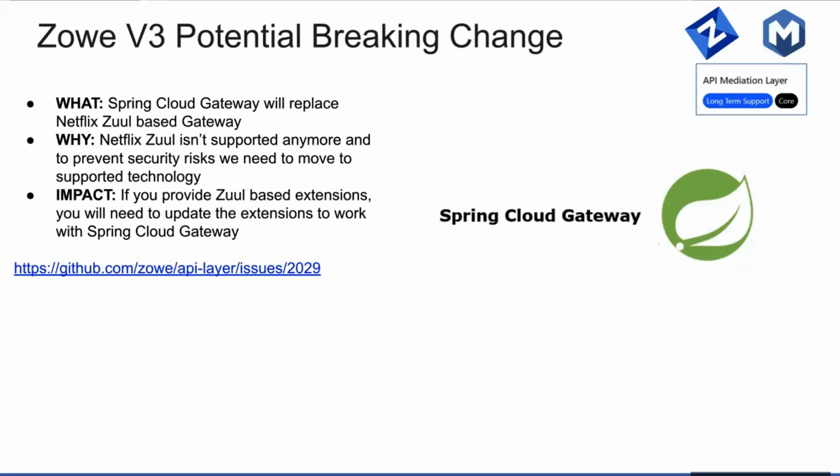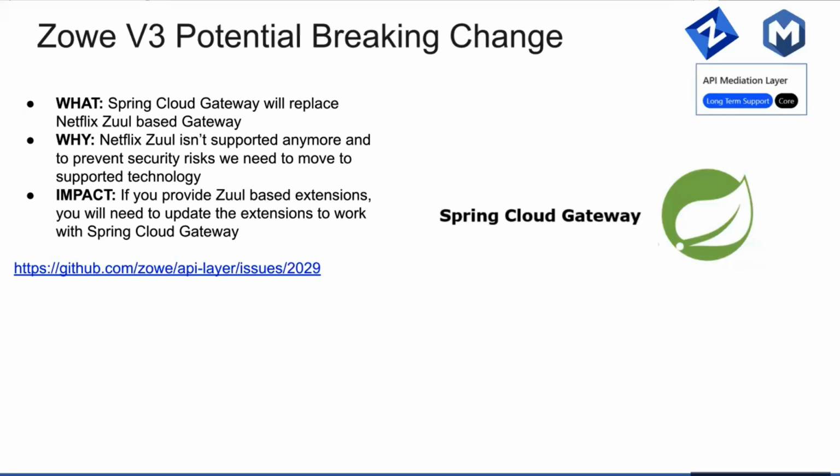In general, most of the configuration that's used should just work as it is. So there won't be any change in Zowe.yaml, at least that's my current understanding. If you are using some advanced configuration that's provided by Netflix, then there will be a different replacement, and we will figure out some migration for the Zowe.yaml.